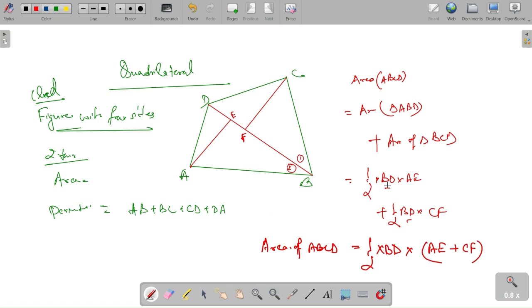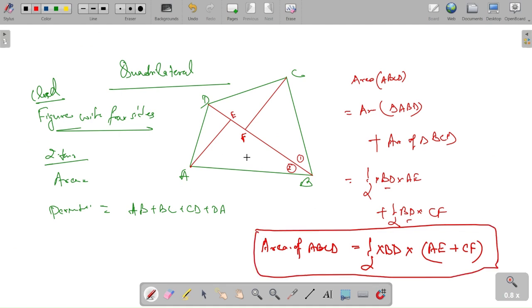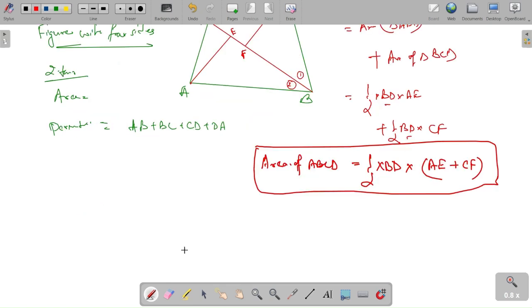So we have taken half into BD common, half BD, AE plus CF. This becomes your area of a normal unknown typical quadrilateral which has different sides. This is for the non-regular quadrilateral with different sides. Got it? Is this clear, Saptak? Yes, sir.